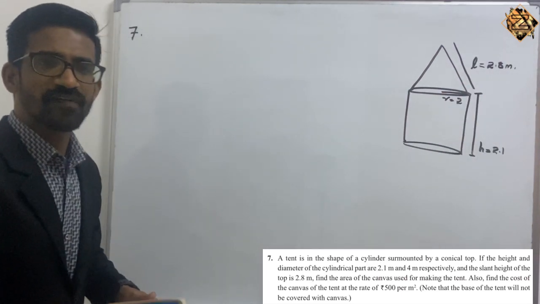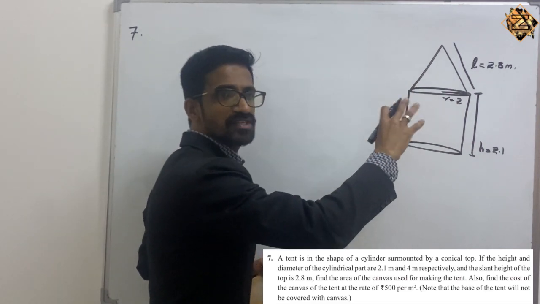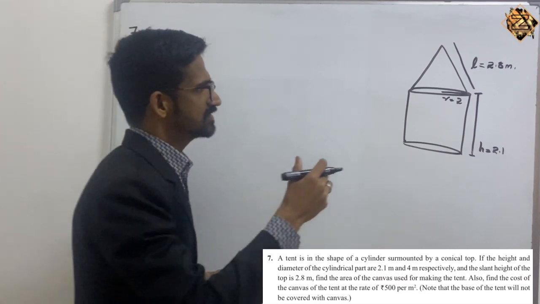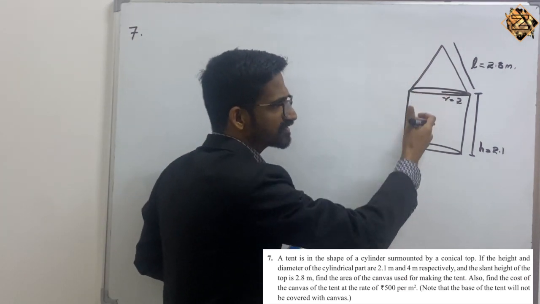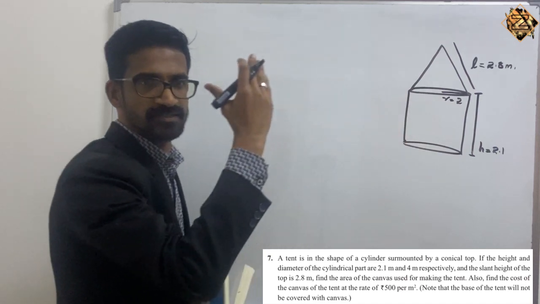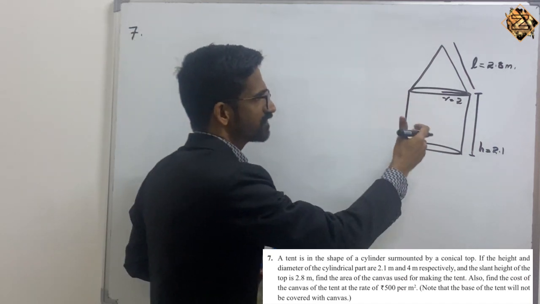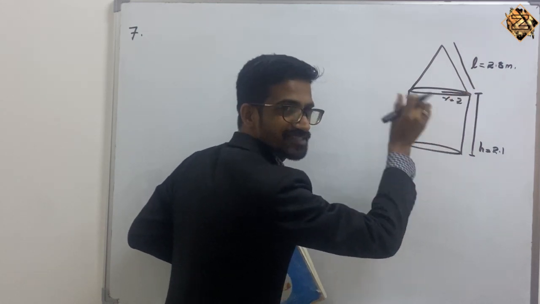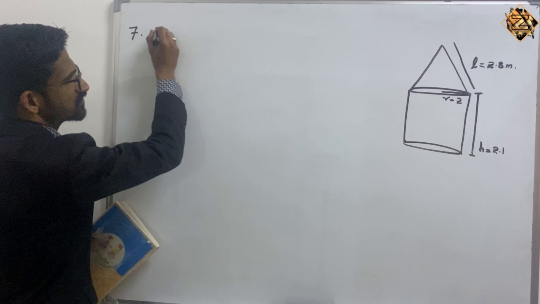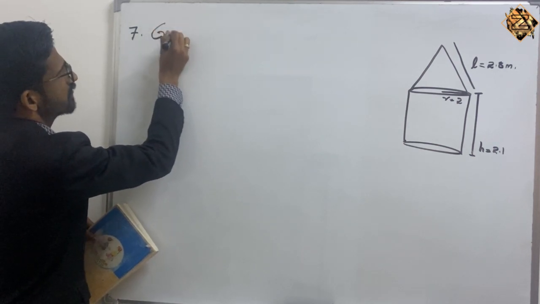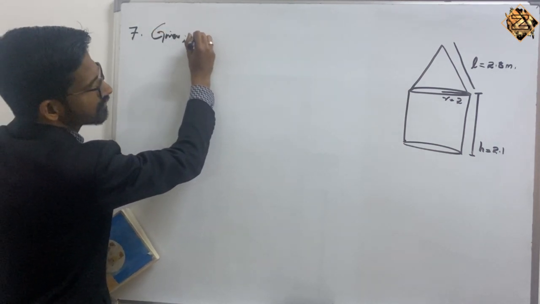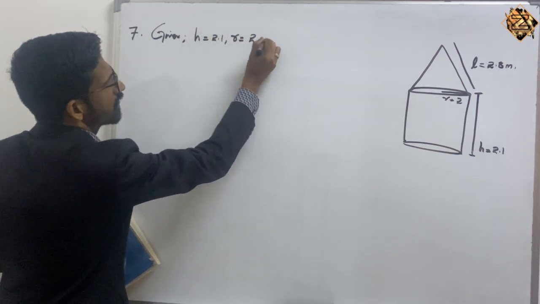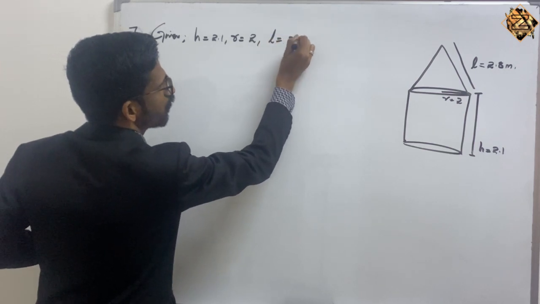Okay, now definitely first we have to find the total cost of the canvas. For that, first we need to find how much canvas is required. So we will find the total surface area of the tent. Total surface area of the tent will be equal to CSA of the cone plus CSA of cylinder. Given height equal to 2.1, radius equal to 2, and slant height 2.8 meters.